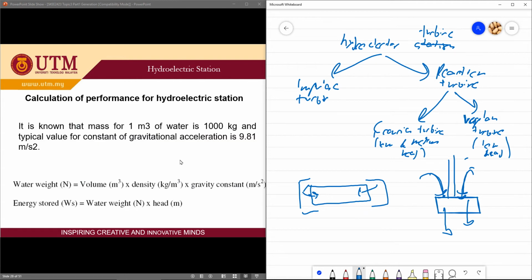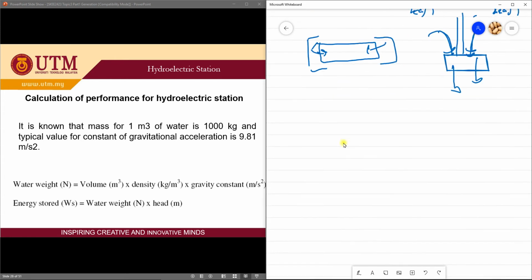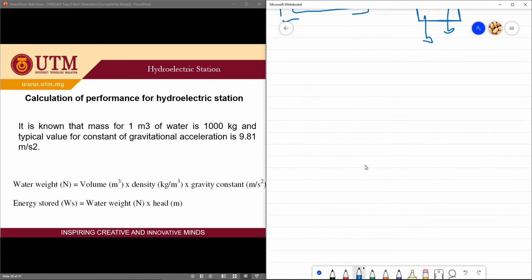Okay, now we move on to calculation. For thermal, you need to know the constant of 860 kcal equals 1 kilowatt hour.